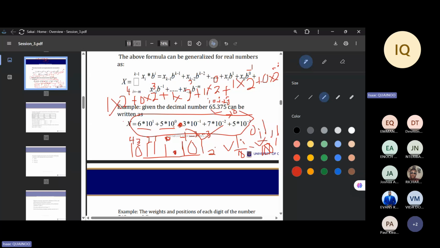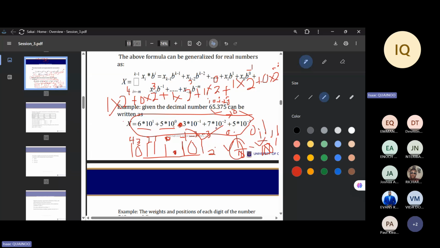Once you do your decimal representations, it's going to return you back to your answer. So 1 over 10 will be 0.1, 1 over 100 will be 0.01, and 1 over 1,000 will be 0.001. Once you compute them together, it returns you back to this.